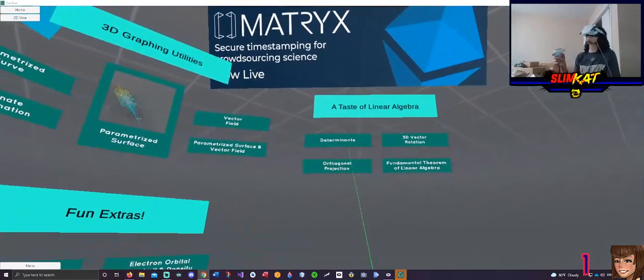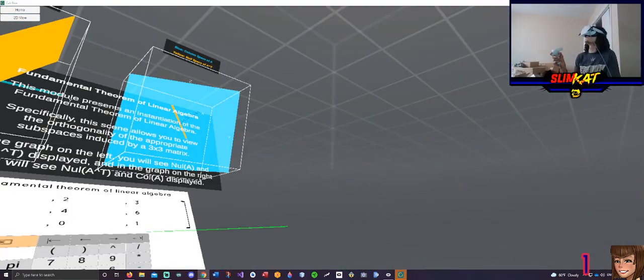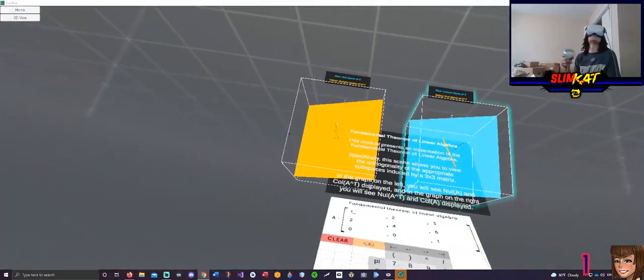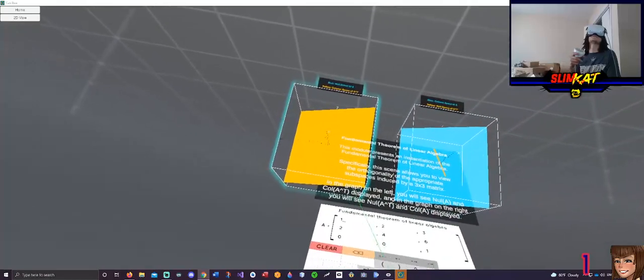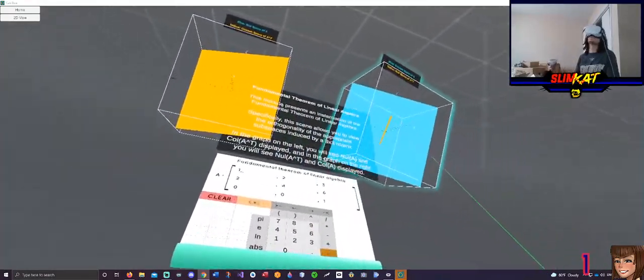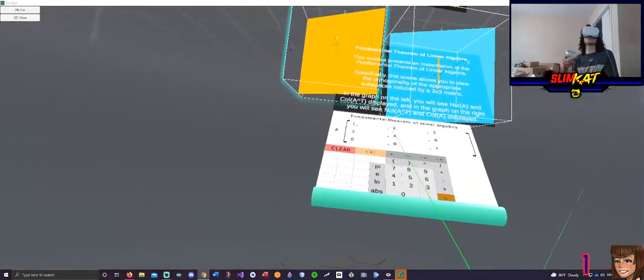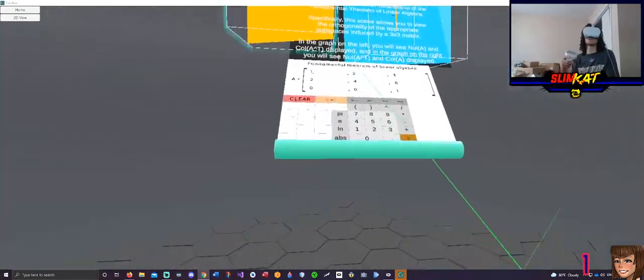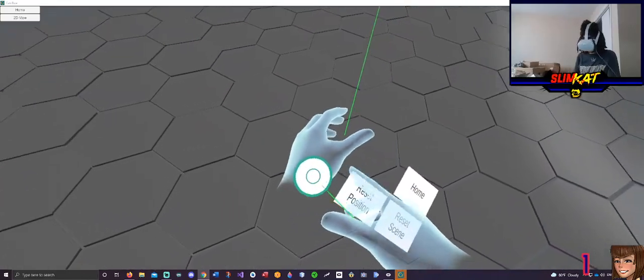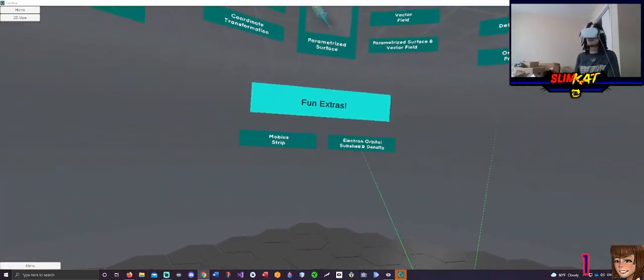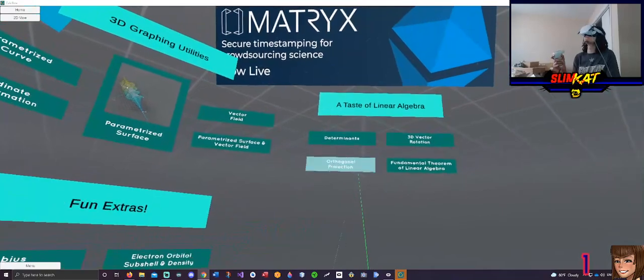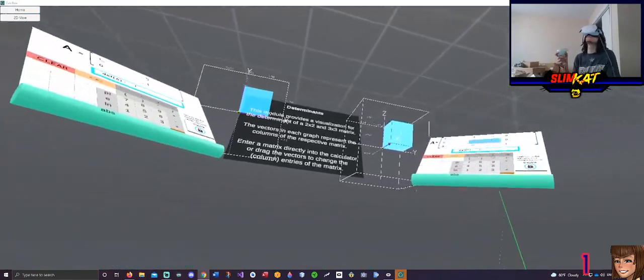All right, it has to be one of these. No, I'm not looking for a fundamental theory of anything. The only problem with this app is it's not pre-calc, it's calc. What if we did determinants?